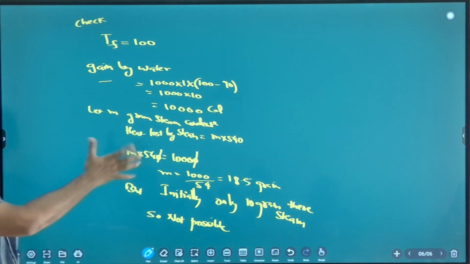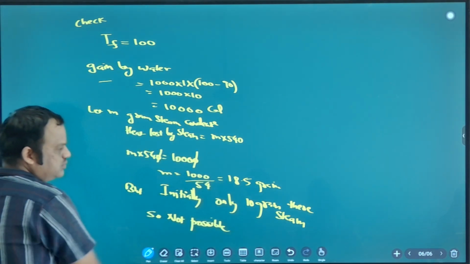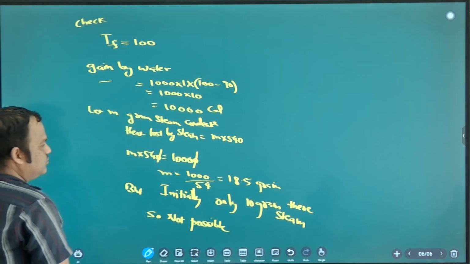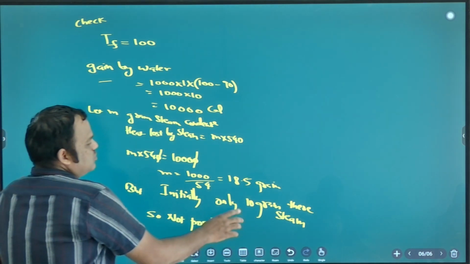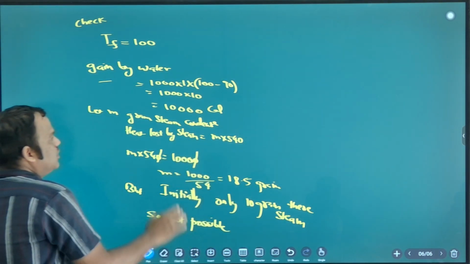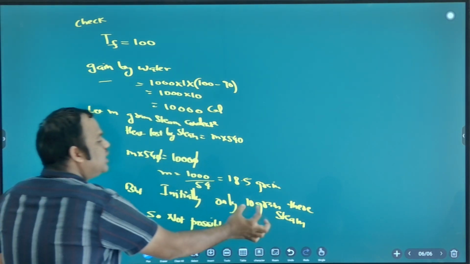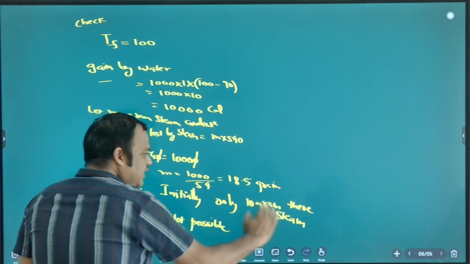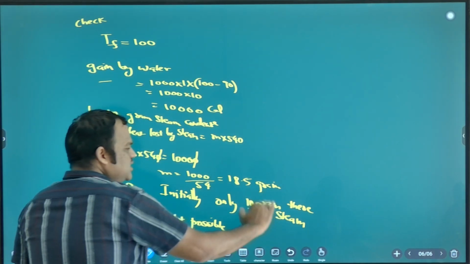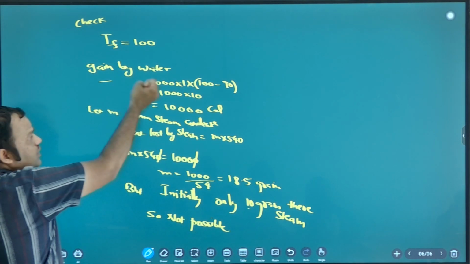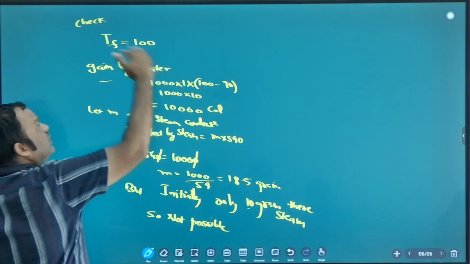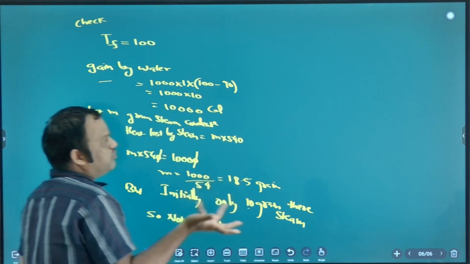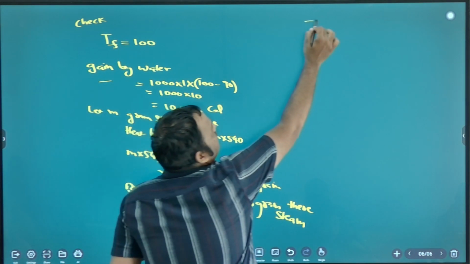But this much steam is not available. Only 10 gram steam available. Correct? So 10 gram steam will give less heat. When water gets less heat, it will not reach 100. It will reach 95, 94 maybe. Okay. So what is the next possibility?